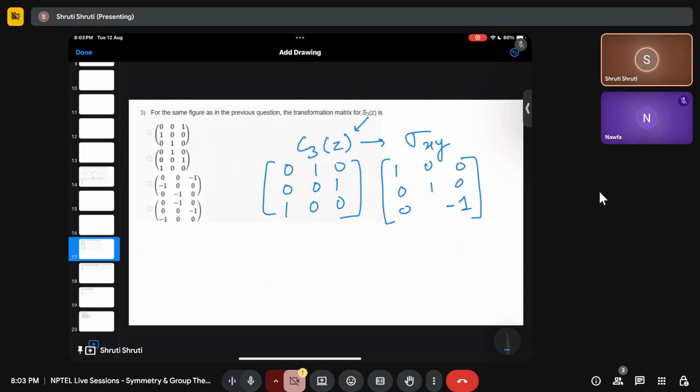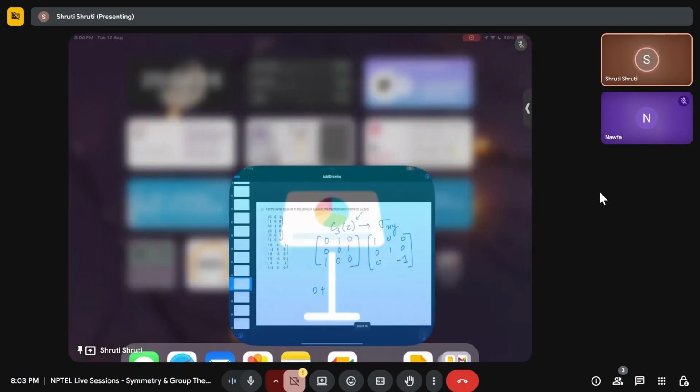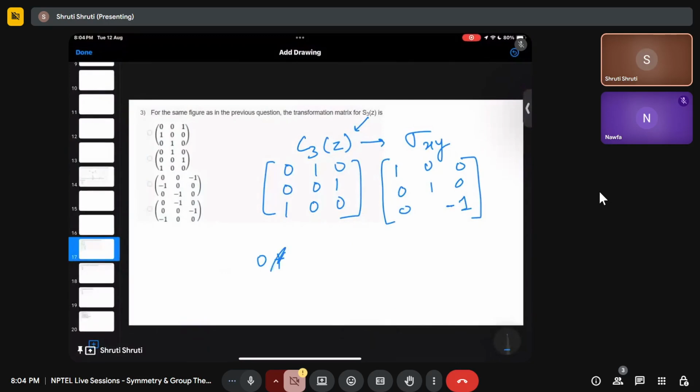Am I doing anything wrong here? So it will be 0, 0, 0, 0. First element is 0. And next element is 0, 0, minus 1. So it is minus 1.